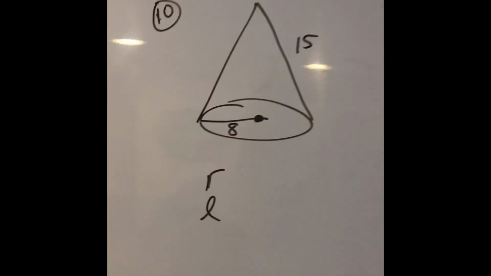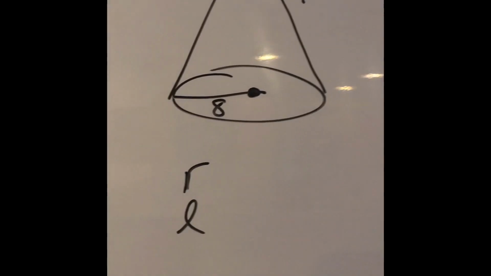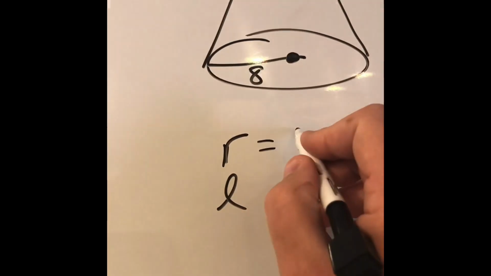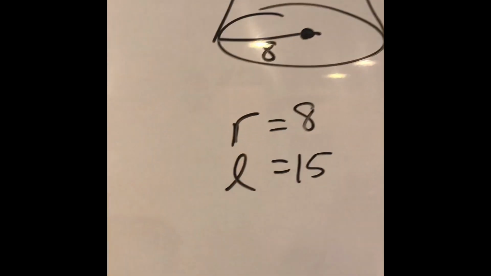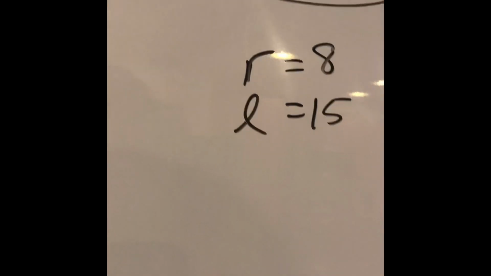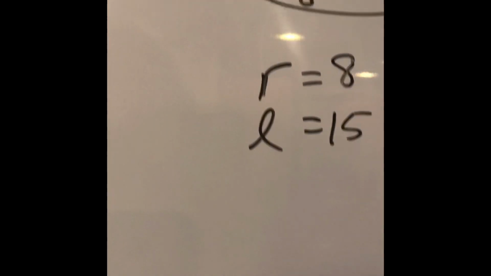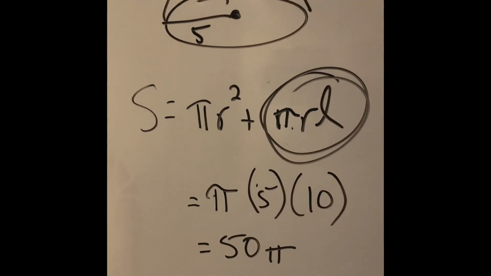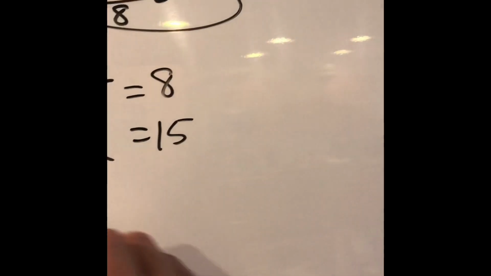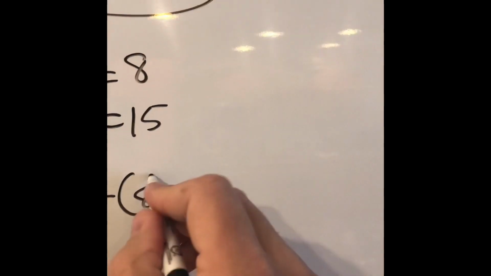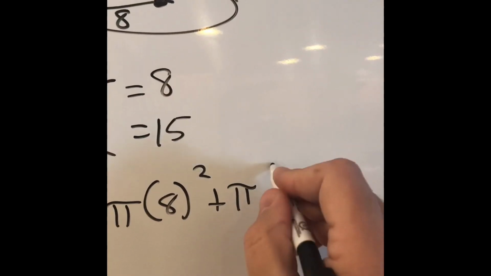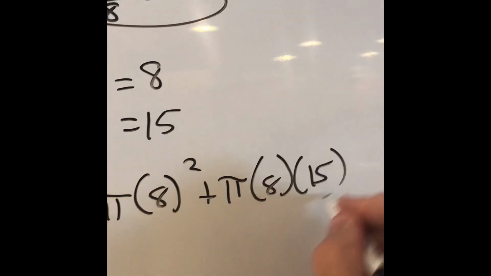Now for 11, they want us to find the whole surface area. My radius is 8, my slant height is 15. So I'm going to put that into this formula here, pi r squared plus pi r l. My surface area is pi times 8 squared plus pi times 8 times 15.